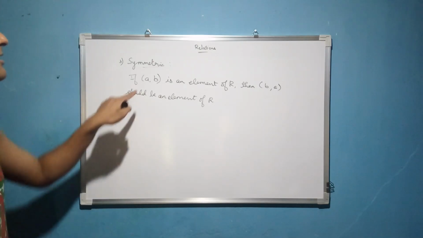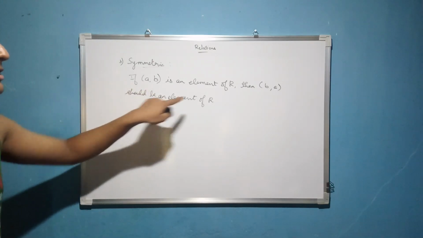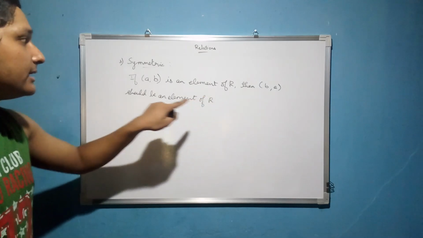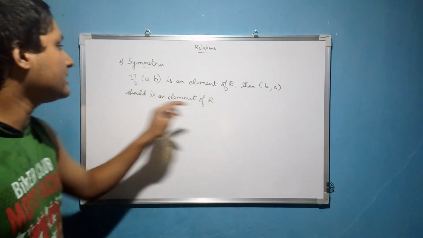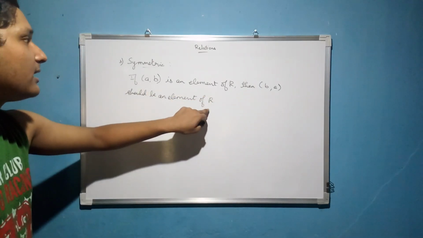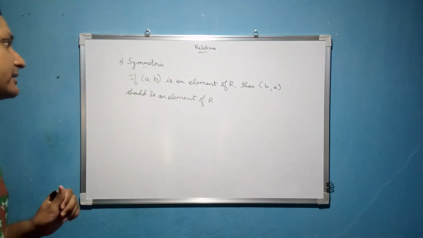Symmetric relation means if (a, b) is one of the elements of this relation, then (b, a) is also an element of R, such that it becomes a symmetric relation.